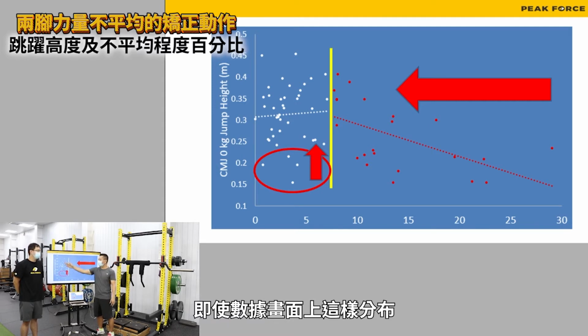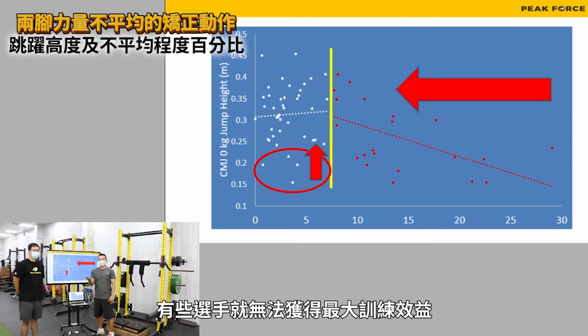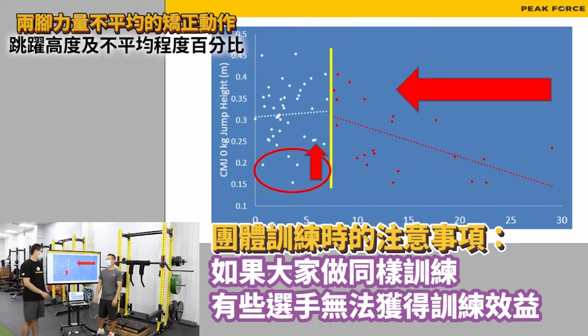Even though data might look like this, if everybody do the same thing, some athletes will not get the maximal effect from training.